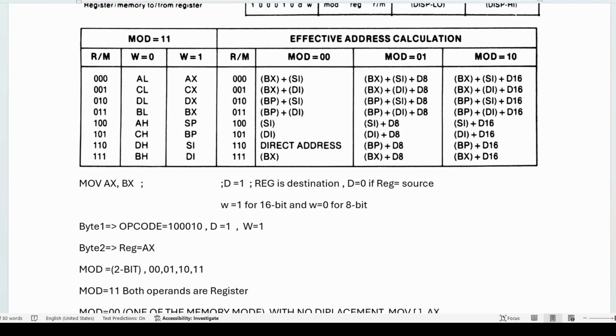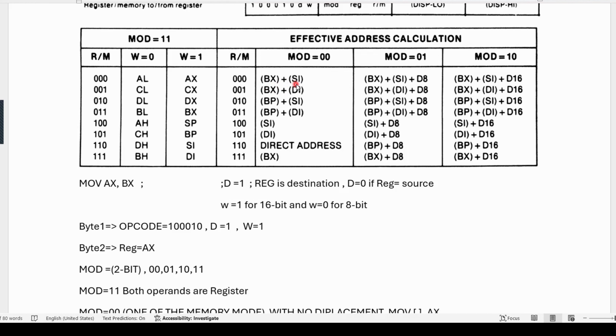If you look carefully, you will see that this is mod equals to 11, and all these are registers. If you look at mod equals to 00, you see only square brackets.